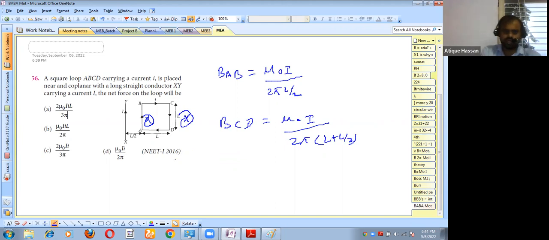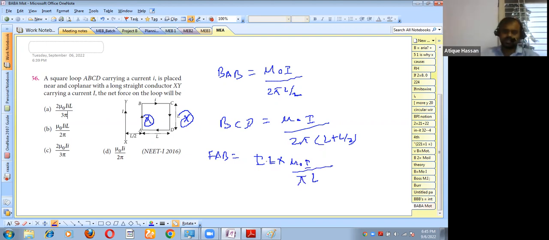So IL cross B, direction of magnetic field is inward. Force on AB will be ILB, I into length L into magnetic field, mu naught I by pi L. What is the direction of force?